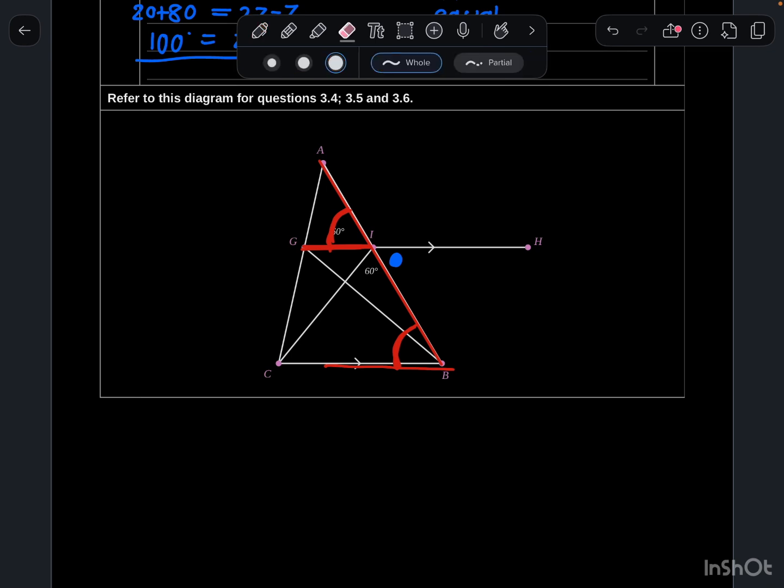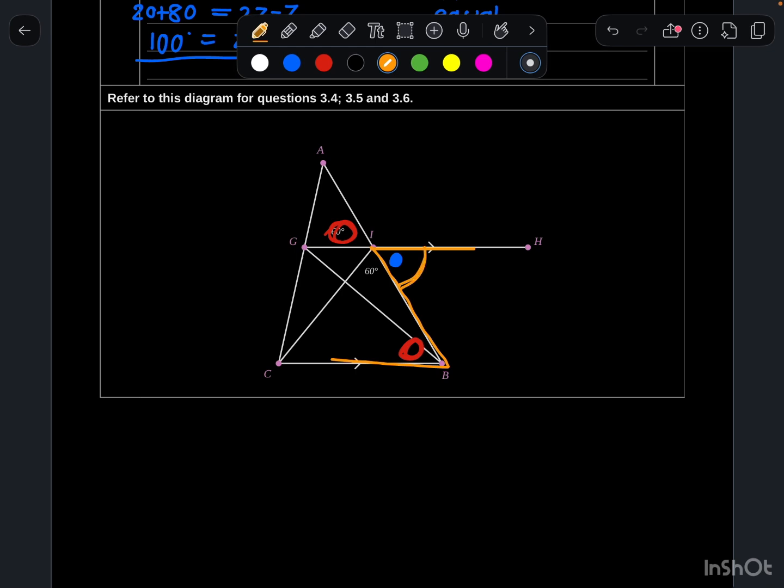Okay, so let's just draw red dots so we know that those ones are equal. So this is 60, and this is also 60. Then what else can we do with an alternating angle, so a Z shape? There we go. So that and that are equal.